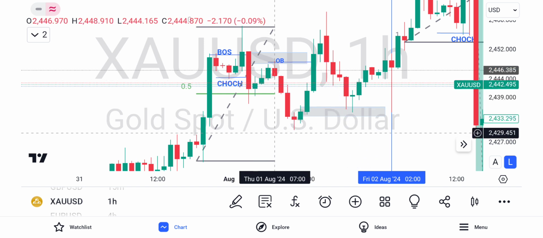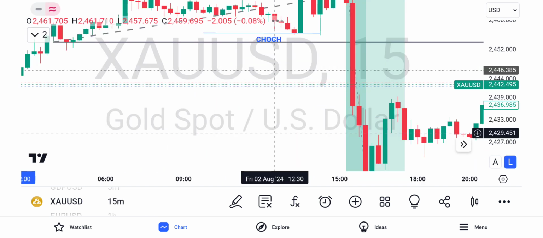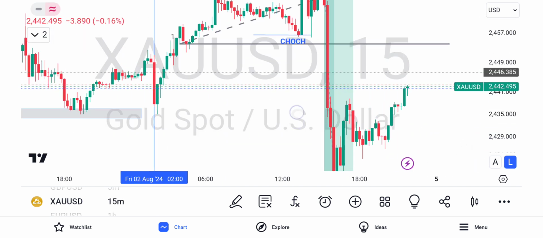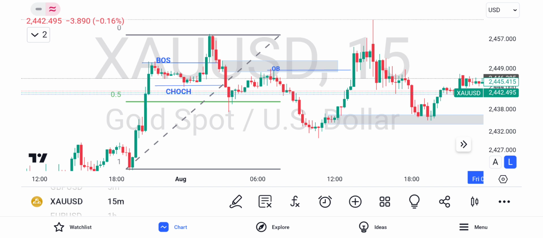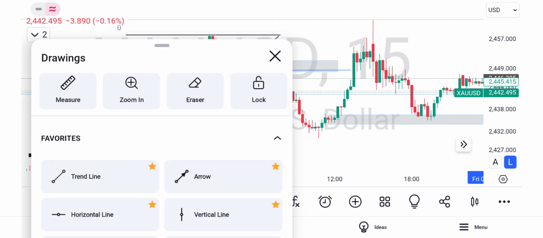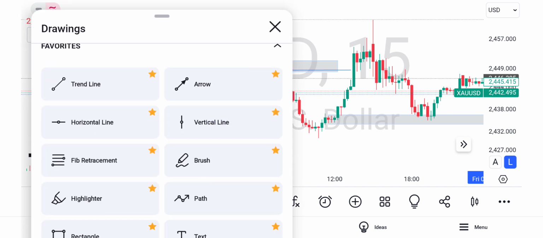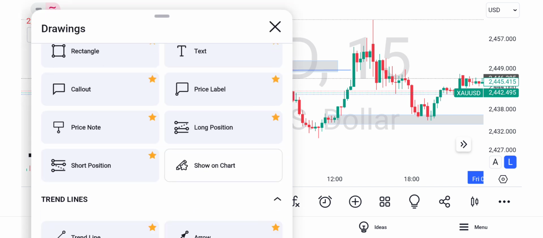Let's move down to a lower time frame. You see how beautiful it is? Let's do our measurement again to see.